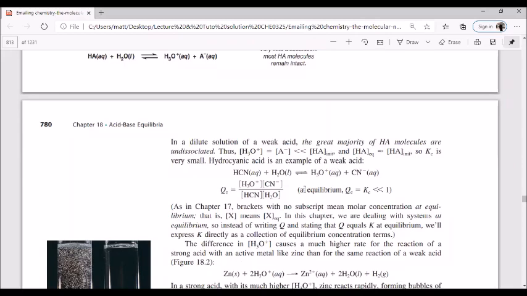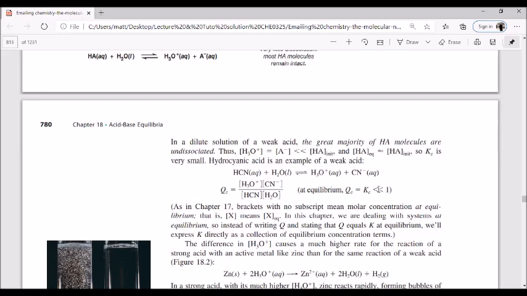So at equilibrium, for a weak acid, the hydronium ion and CN minus ion concentrations are relatively very low compared to HCN. Water, as we said, is a pure liquid, equal to 1. So here you can say Qc equals Kc at equilibrium, which is a relatively very small value.